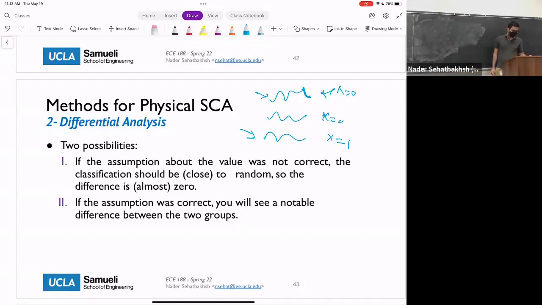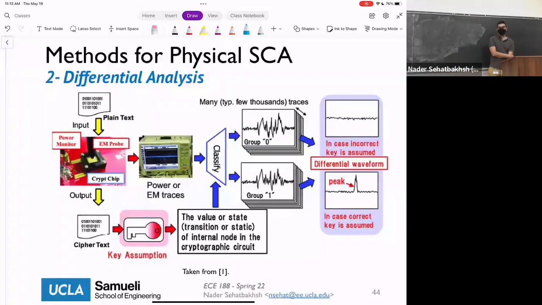This is one way of using this in AES actually. So this was originally designed for AES. There are some subtleties and additional details that you need to pay attention to. If you're interested, go and take a look at this reference. But generally, the idea is that we have a chip, we use, for example, power or EM traces.